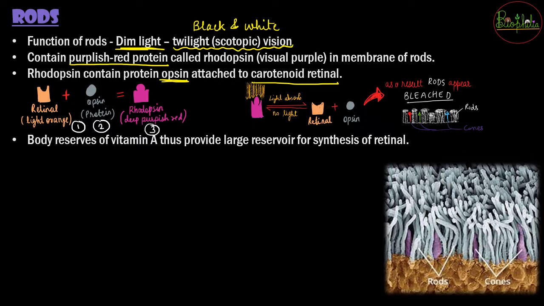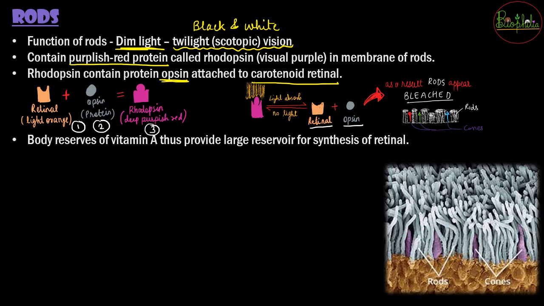The rhodopsin, that is the deep purplish red colored cells, these are going to be getting split. जब split होता है, they will form the components that is retinal and opsin. And now this are going to be the case जहाँ पे ये split हो जाते हैं. During the process of split, what will happen? The rods will appear bleached.